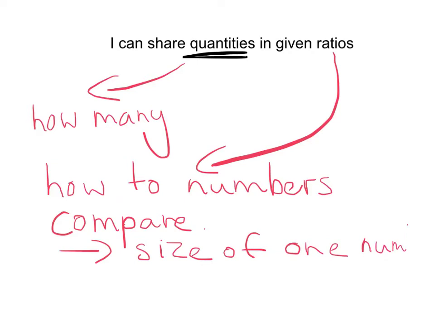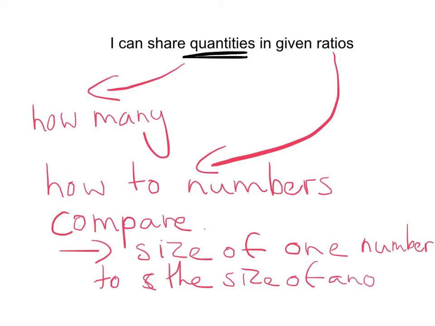You'll see in the example that we do next how that plays out and how that will help you to understand. So the size of one number to the size of another. Keep that in mind: quantity is about how many, and ratio is how two numbers compare.